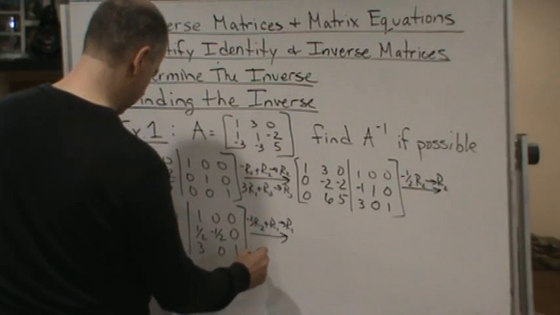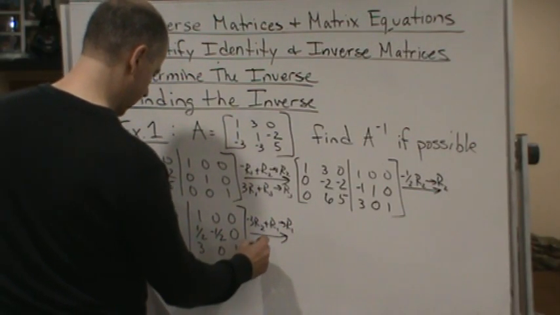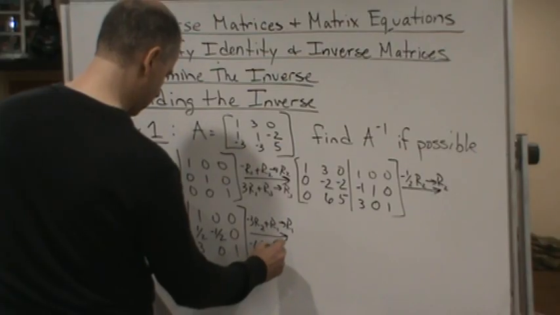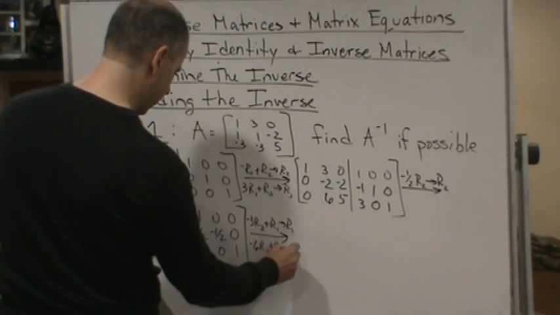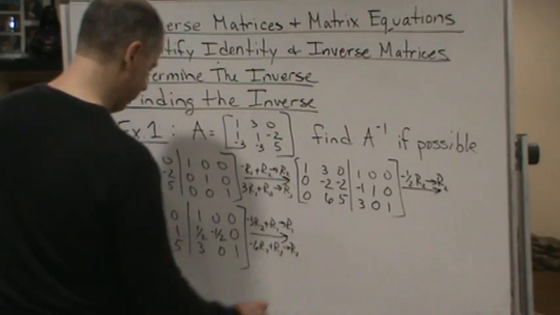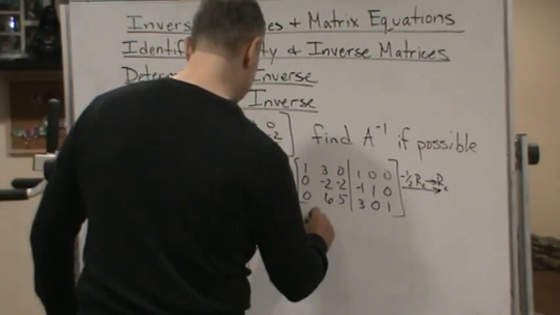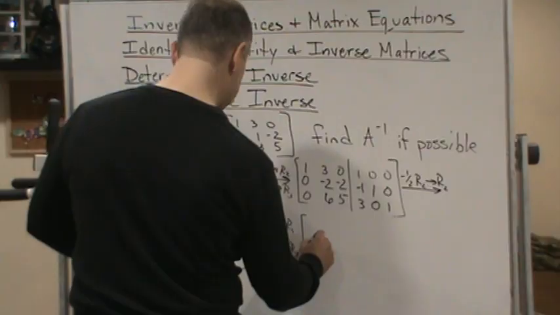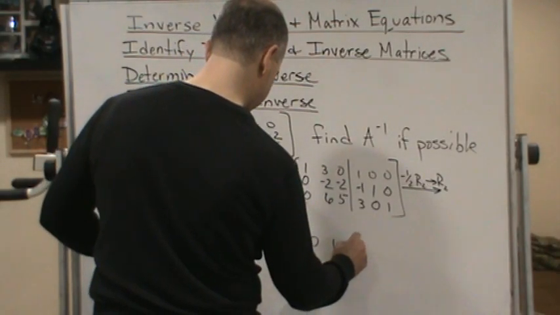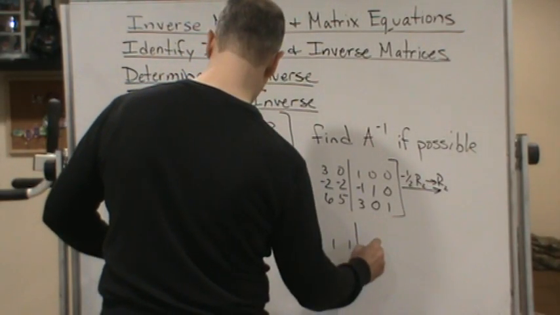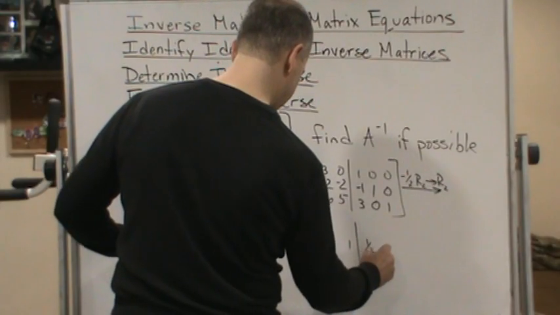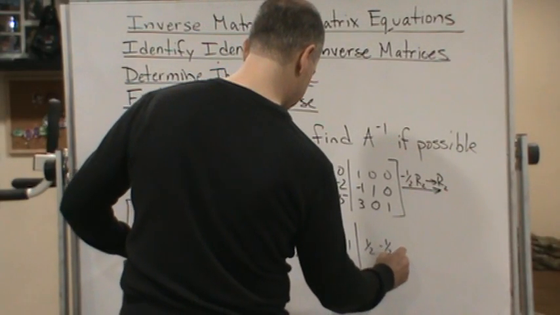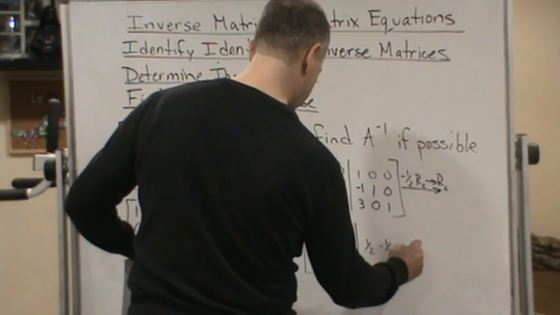And then I'm going to do -6 times row 2 plus row 3, and replace row 3. Okay? The second row is going to stay the same, so that's going to be 0, 1, 1, 1/2, -1/2, 0.